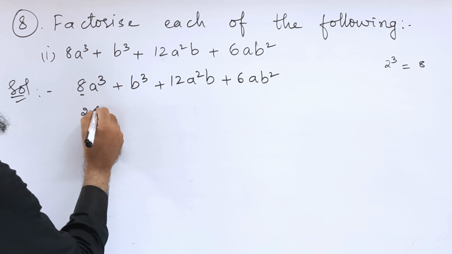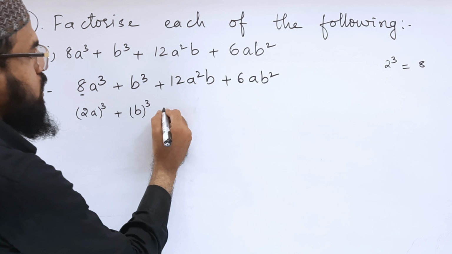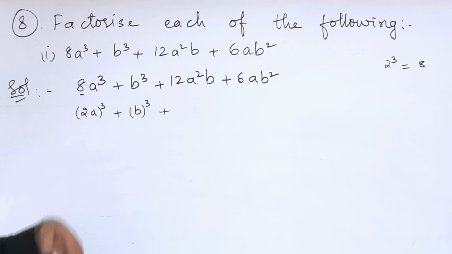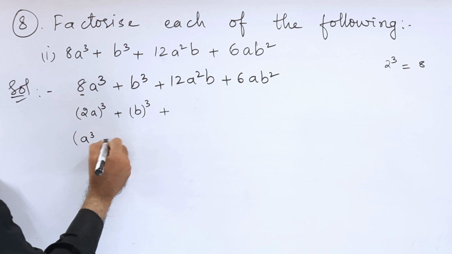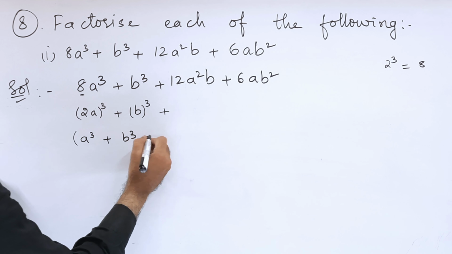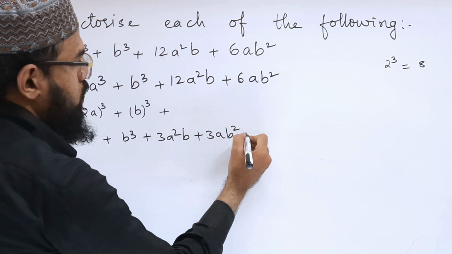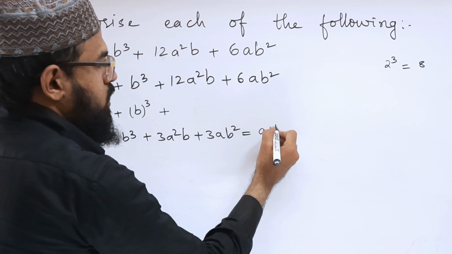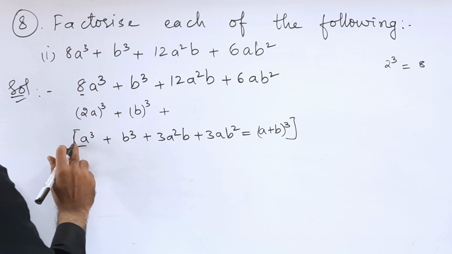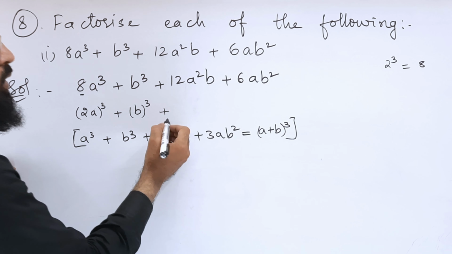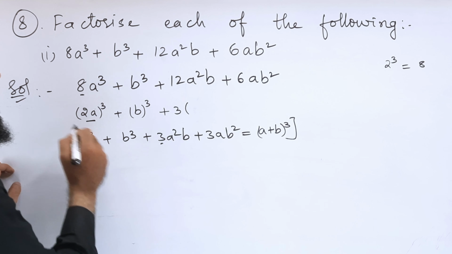The cube of 2 is 8. So 2 2s are 4, 4 2s are 8. So 2a whole cube plus b cube plus, according to the formula. So what is the formula for cube? We know the formula, that is a cube plus b cube plus 3a square b plus 3ab square, that is equal to a plus b whole cube. So we are having 3 in this formula. So let us write 3. What is a? 2a.